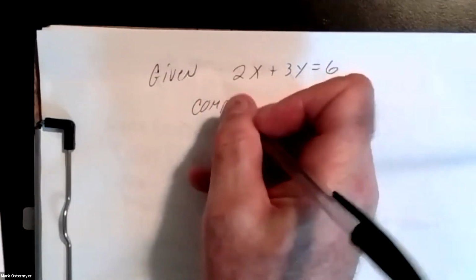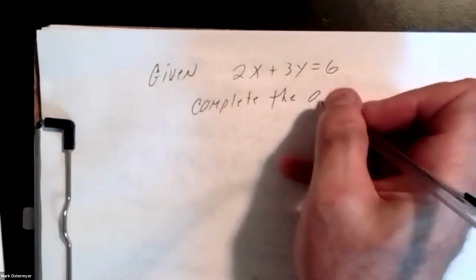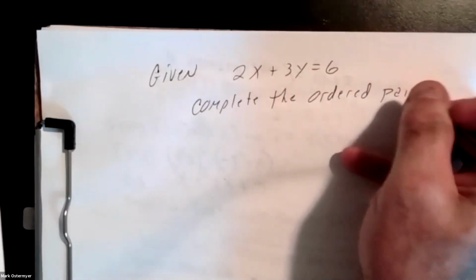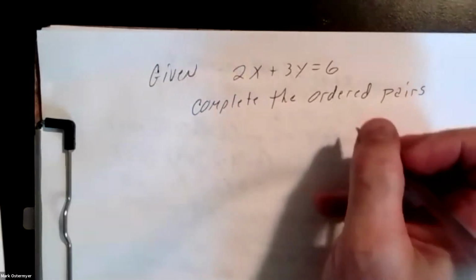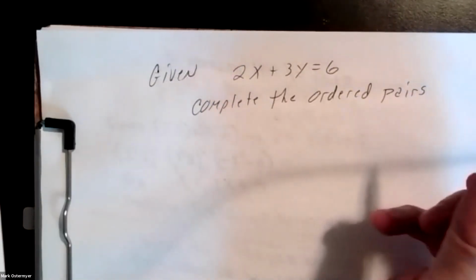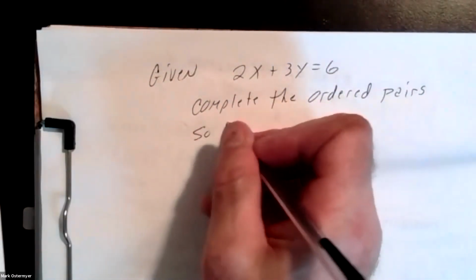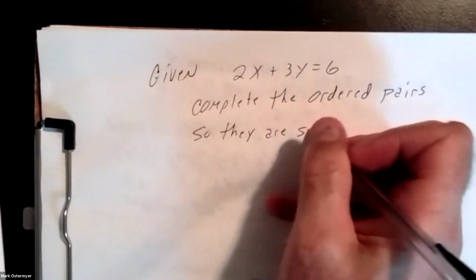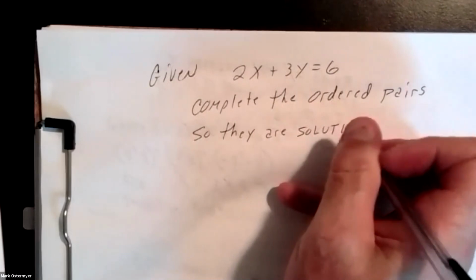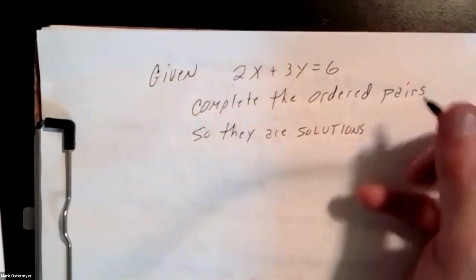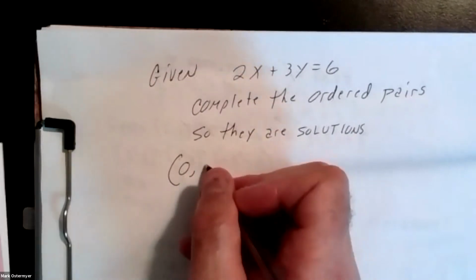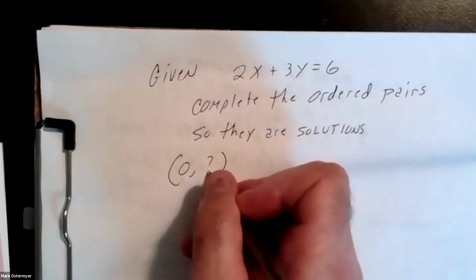They want us to complete the ordered pairs so that they are solutions. The first ordered pair has the x coordinate 0, but it's missing the y coordinate.